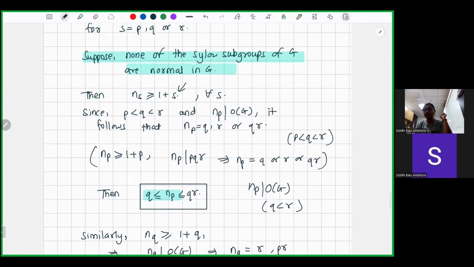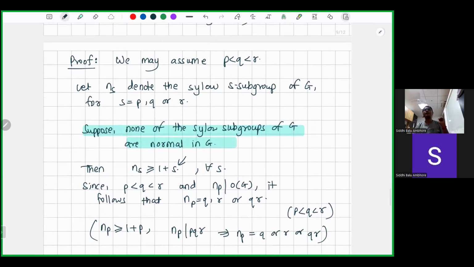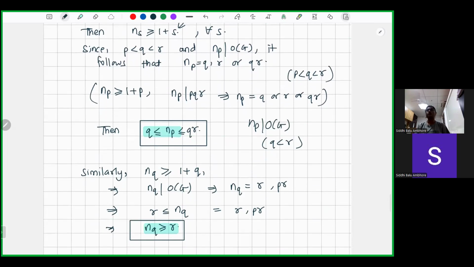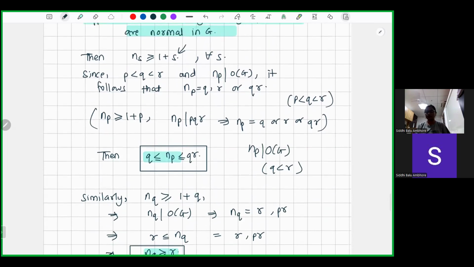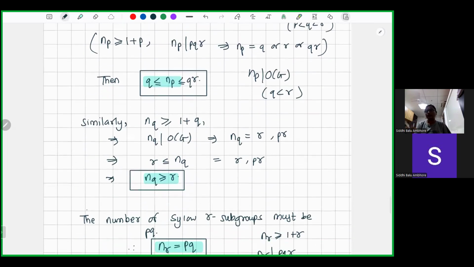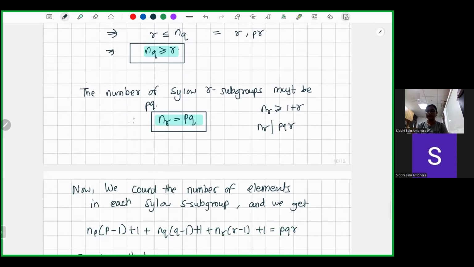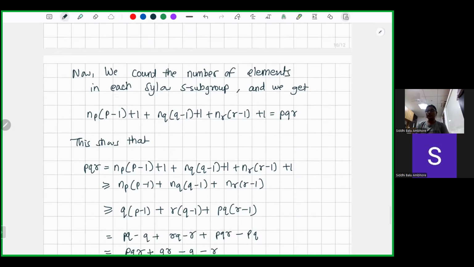So what we did here was we assumed something. We used Sylow's first, second and third theorems to get NP, NQ, and NR, the number of Sylow subgroups possible in the group G. Then using that, we counted the number of elements in that group.